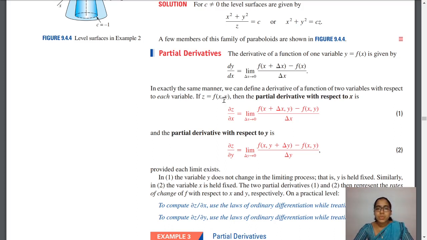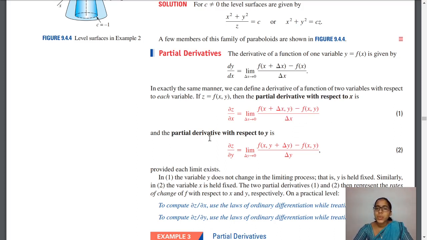So if z is equal to f of x, y, then the partial derivative with respect to x is given by dou z by dou x is equal to the limit as delta x tends to 0. But instead of f of x plus delta x, we have f of x plus delta x comma y, because that is a function of x and y, minus f of x, y divided by delta x.